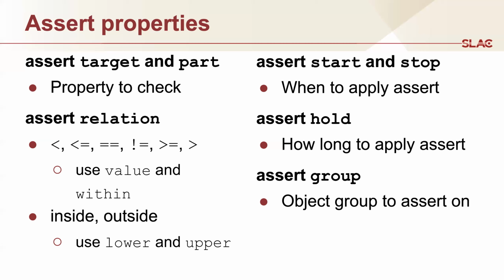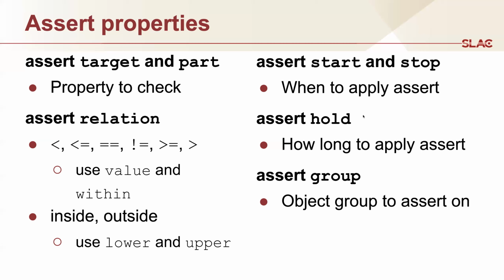If you don't specify start, it's assumed to be the initialization of the simulation. And if you don't specify stop, it's assumed to be the end, or never, the end of the simulation. So you don't have to specify both. You can specify just one. If you specify just start, it will be from that point on until the end of the simulation. If you specify stop, it will be up to that point.